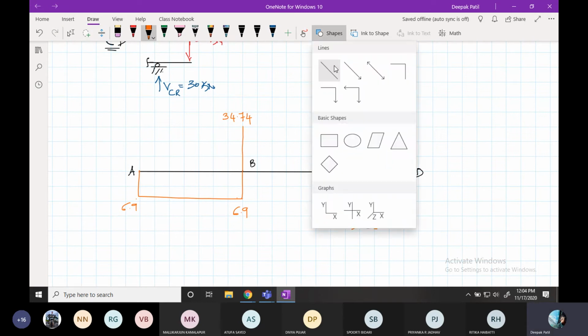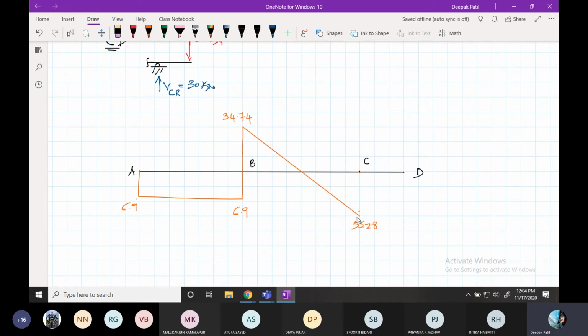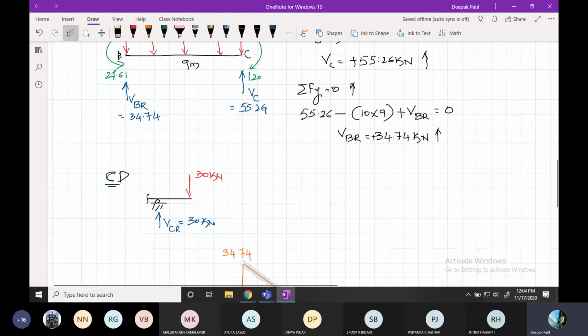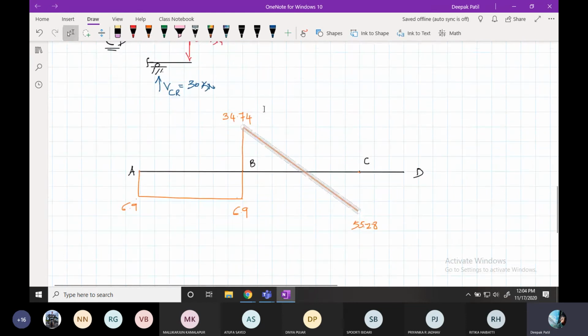You join this using a straight line. Then minus 55.28 plus VC, the upward reaction of 55.26, so you end up at C with the 0 value.